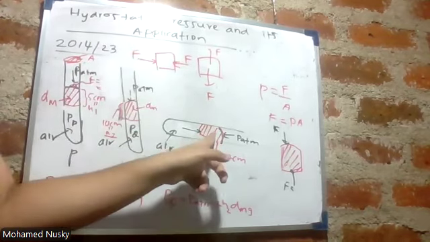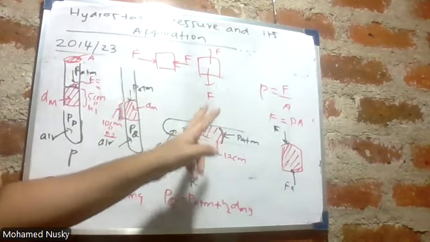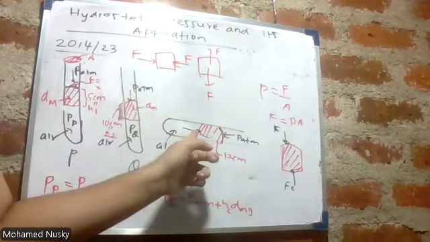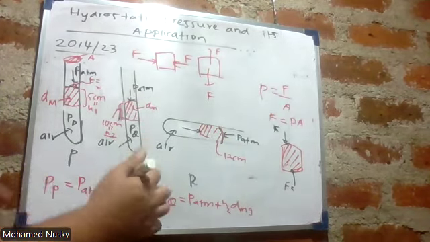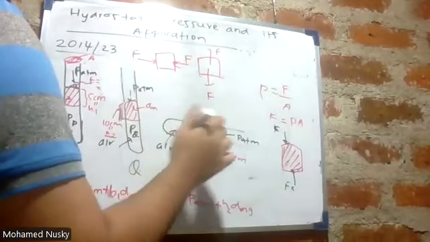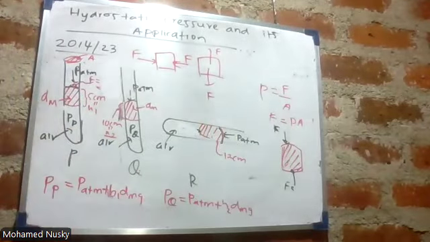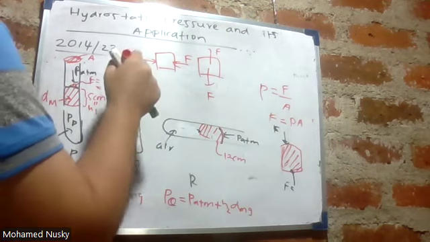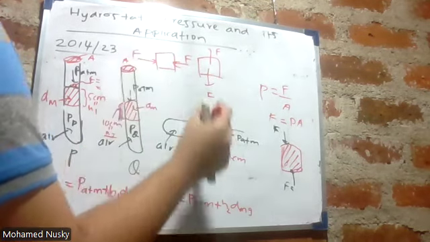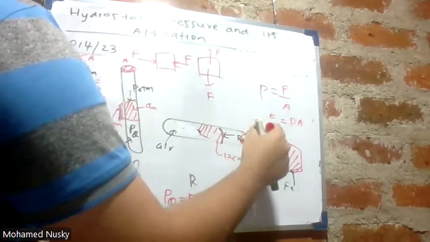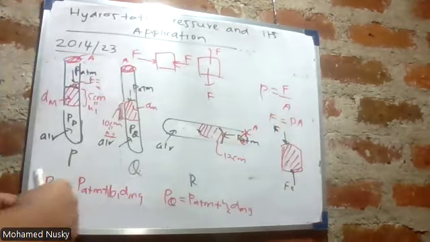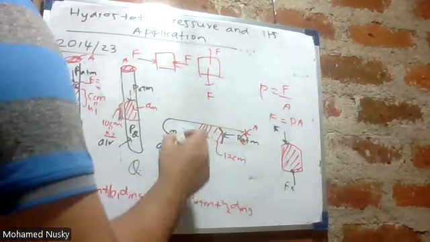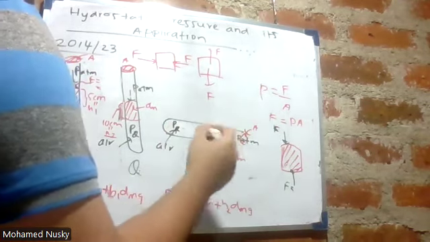Likewise, for this mercury column to be in equilibrium, to stay at that position, the pressure due to this should be equal to the pressure due to this. Now the area is the same. Here I have taken this as A, here also area A. Now let me take the pressure due to the atmosphere as P_ATM, and the pressure inside this as P_R.